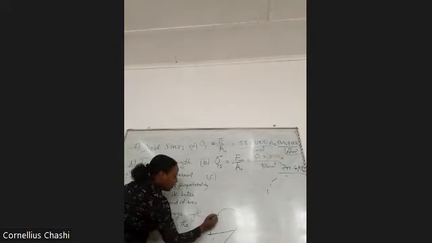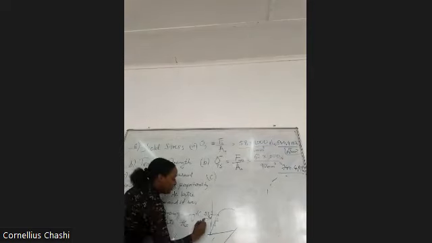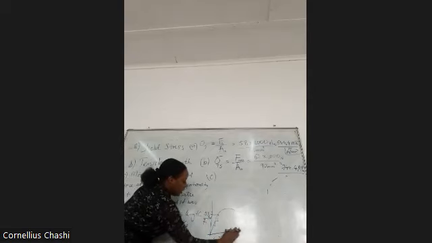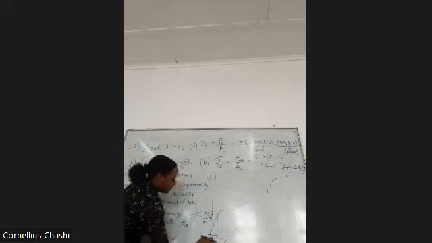He later measured the extension. So this is force and this is extension on the x-axis. He measured the extension at that limit. What value did it give him?